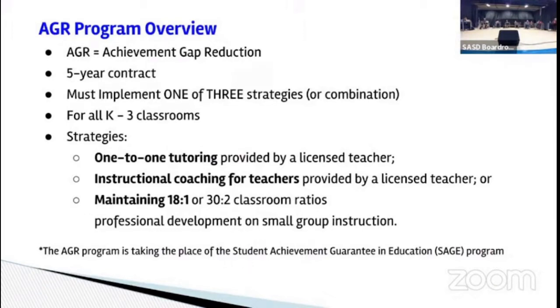The schools that are part of the AGR program must implement one of 3 strategies or a combination of the 3 strategies. It's for all of our K-3 classrooms. And the strategies we can choose from per the DPI are one-to-one tutoring, instructional coaching for teachers, or maintaining an 18-to-1 or 30-to-2 classroom.